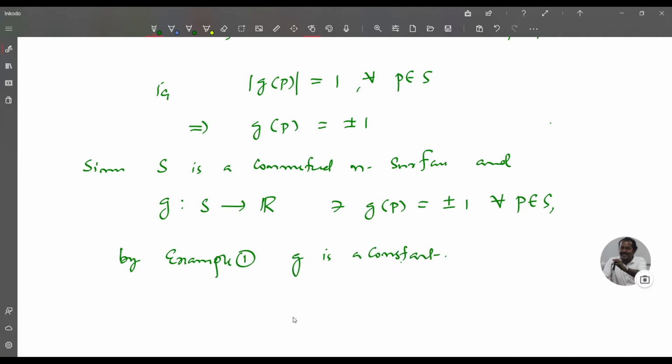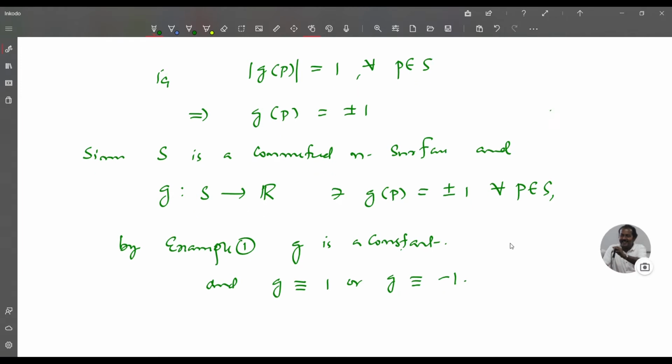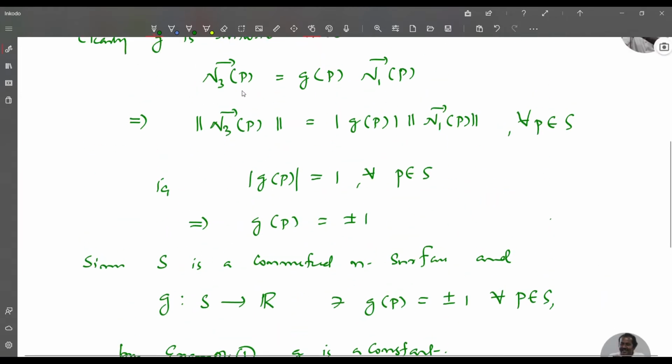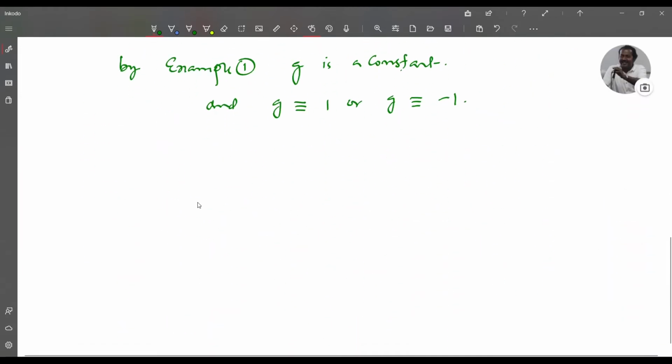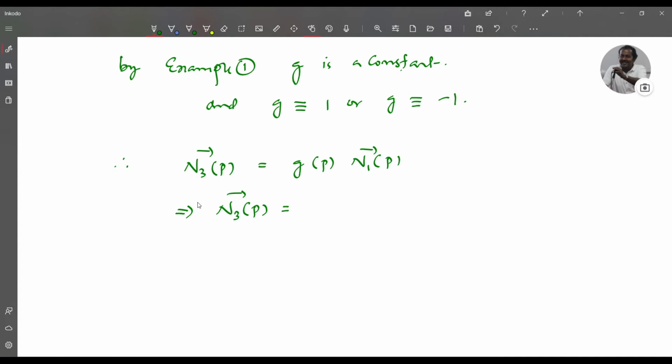And we have seen that G is identically equal to 1 or G is identically equal to minus 1. So N3 of P is equal to G of P times N1 of P, which implies N3 of P is plus or minus 1 times N1 of P.